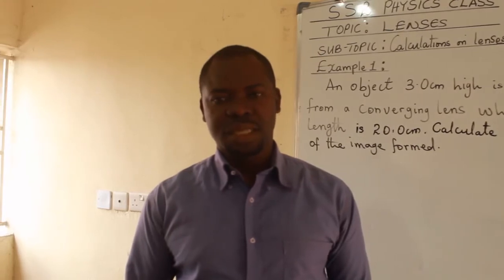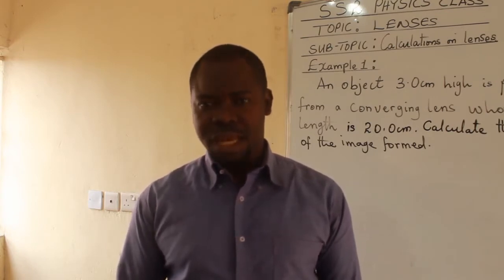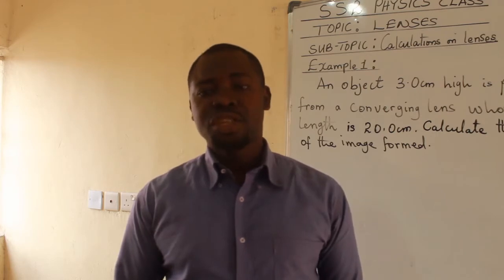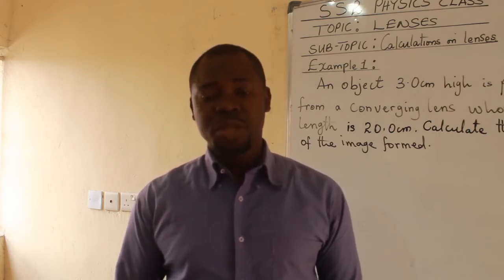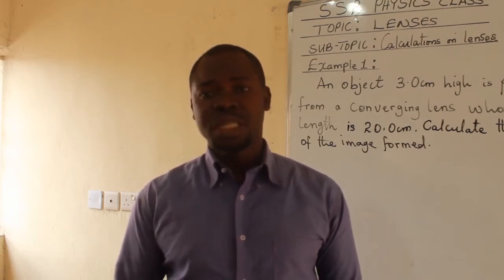The convex lens is also called the converging lens, while the concave lens is called the diverging lens. They have different ways of formation of images.